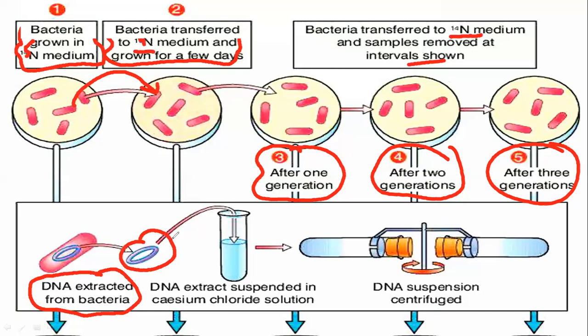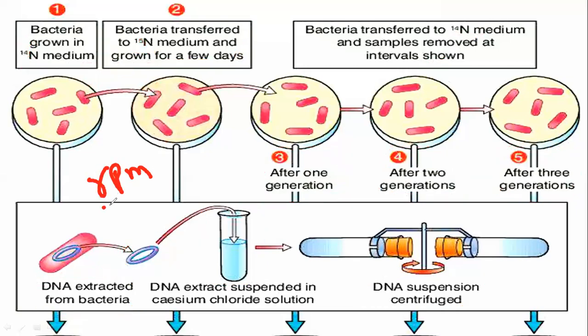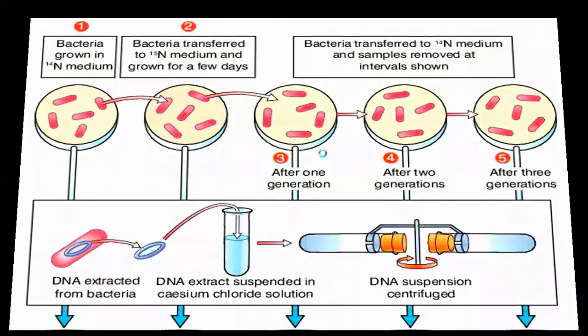The extracted DNA was put in this test tube, which will be run in the centrifuge machine. Here you can see the assembly of the centrifuge machine. This DNA suspension was run at a certain RPM, revolutions per minute, and the heavier will obviously rest first at the bottom.